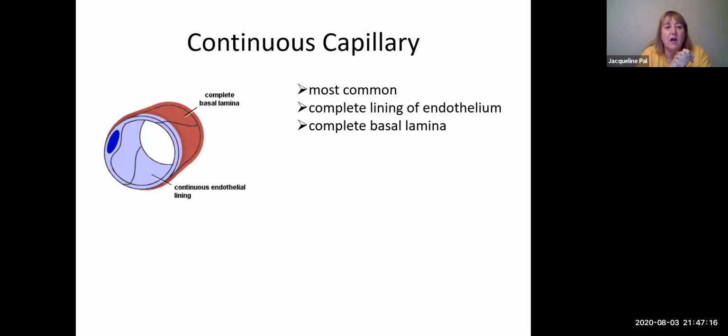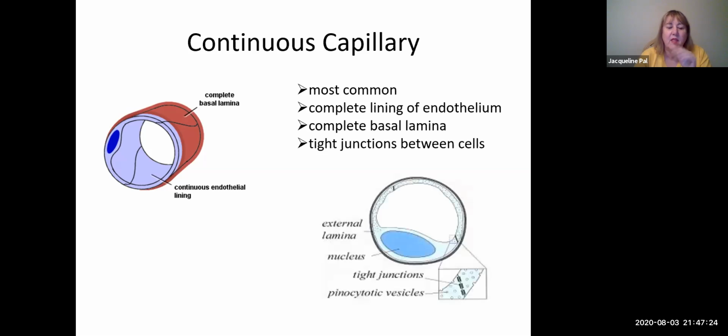And this is the one I talked about. We have a complete lining of simple squamous endothelium completely surrounded by a basement membrane. And actually in between the endothelial cells, we have tight junctions. So do you remember what tight junctions did or did not do? Yeah.